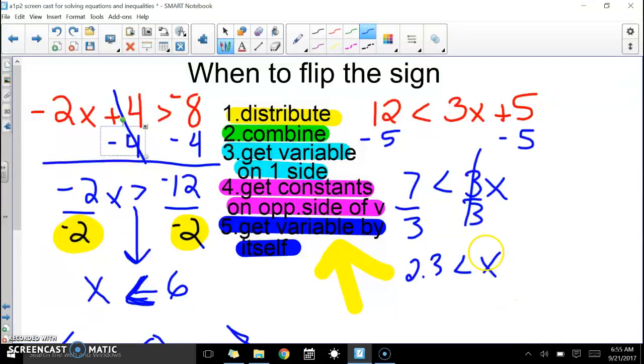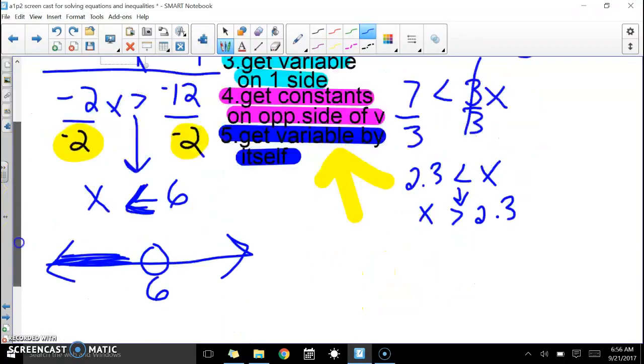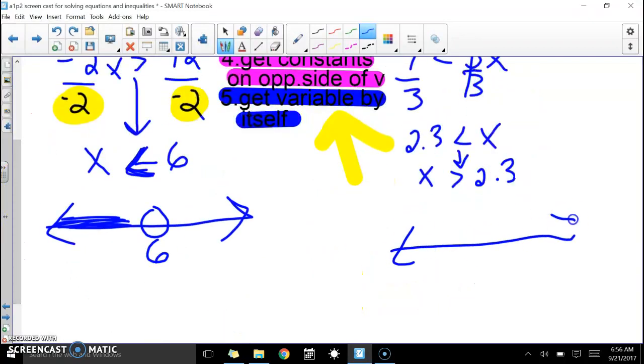But my variable is on my right, and it needs to be on my left, which means these two have got to switch. And if I were graphing that, with 2.3 right here, my circle would be open, and it's telling me to shade to the right.